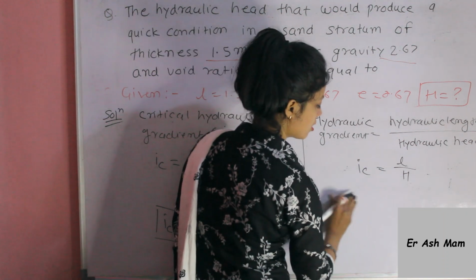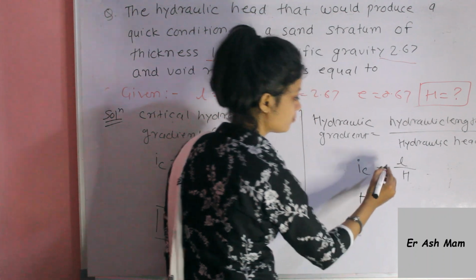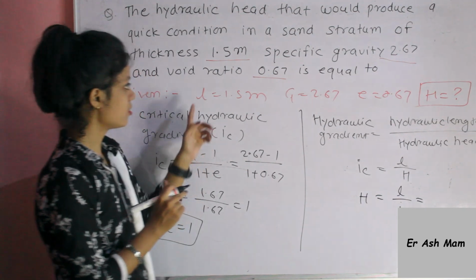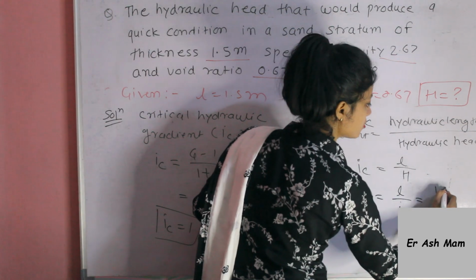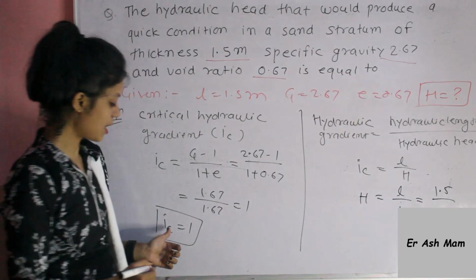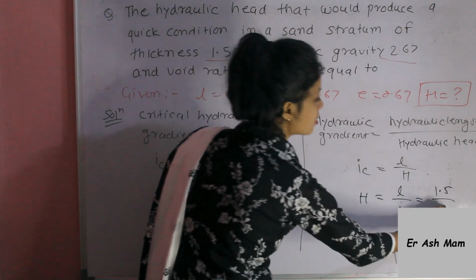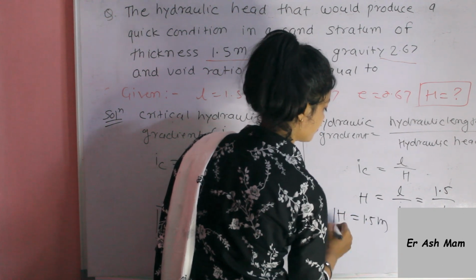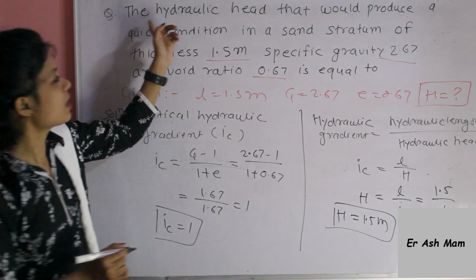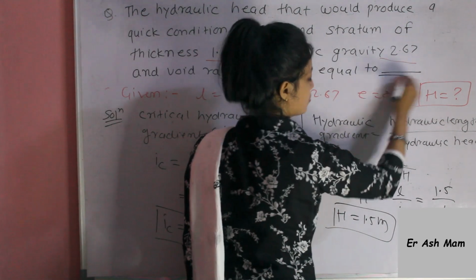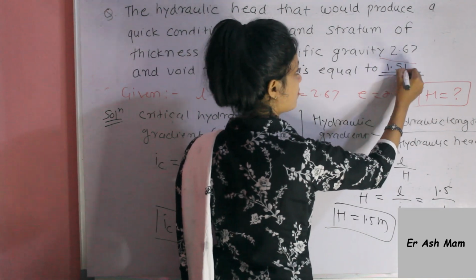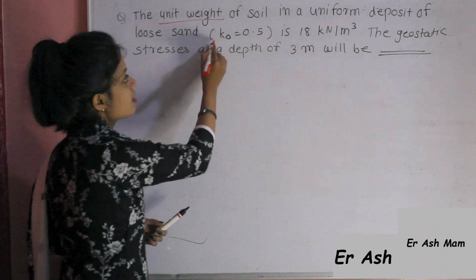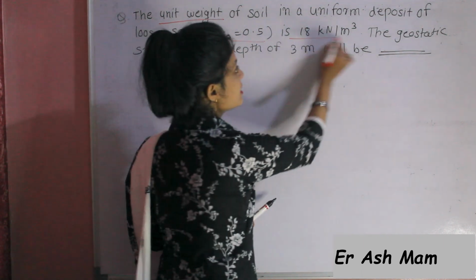H is unknown. Therefore, H equal to L upon IC. L is 1.5, IC, critical hydraulic gradient, is 1. Therefore, H equal to 1.5 meter. Therefore, hydraulic head equal to 1.5.